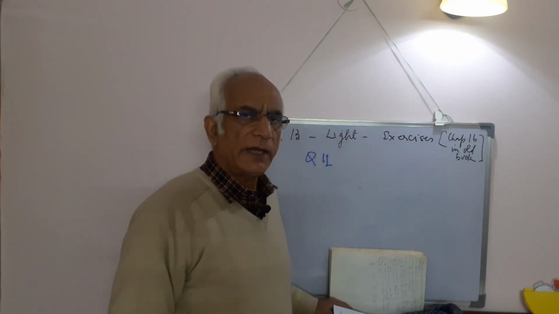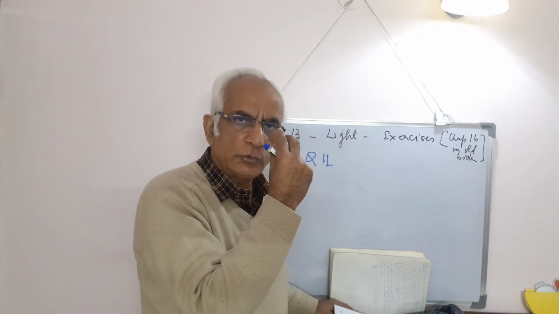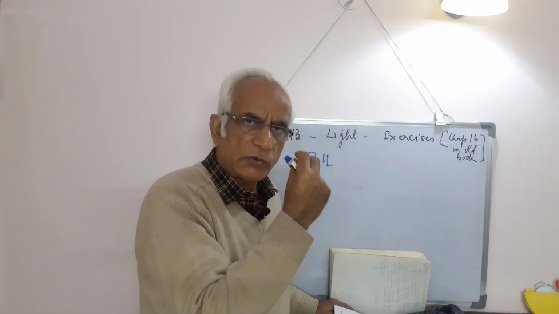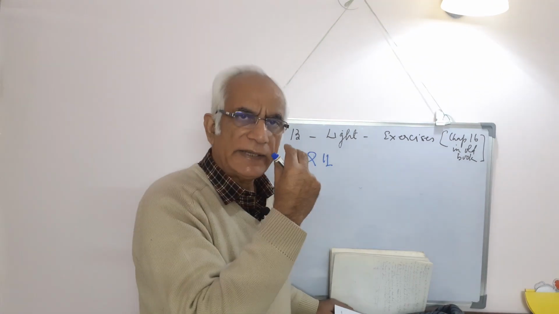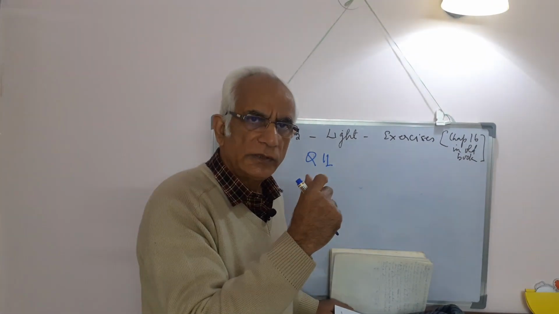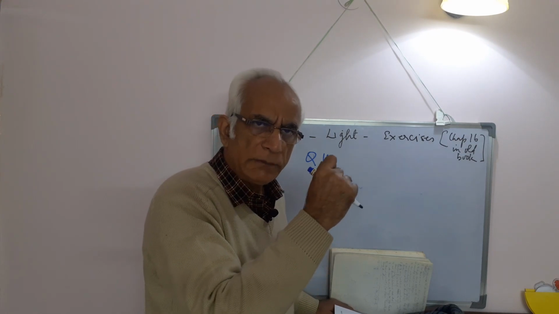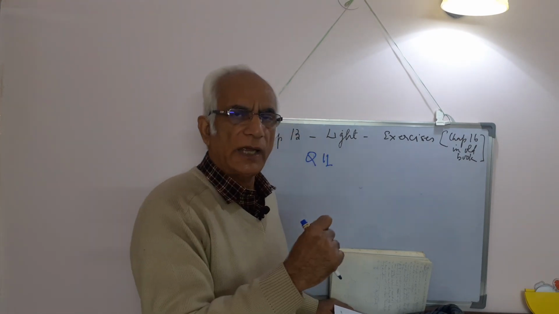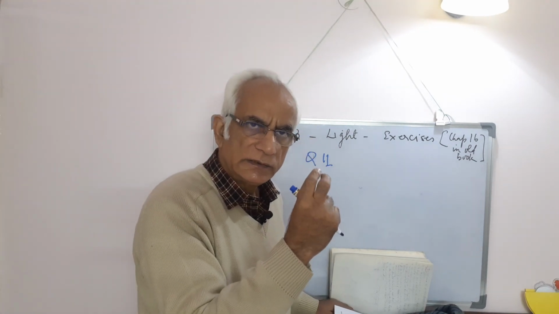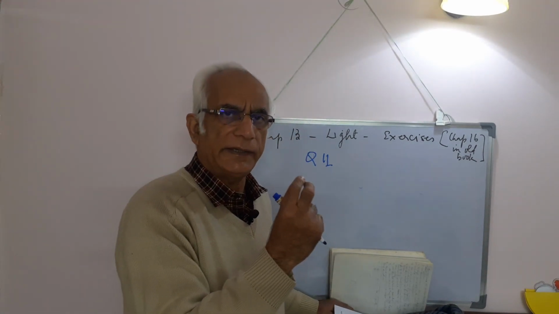What the students have done is they are trying to see how the pupil will dilate or shrink when the intensity of the light changes. For example, if you throw a beam of bright light on your eye, the pupil will shrink so that more light does not enter the eye.